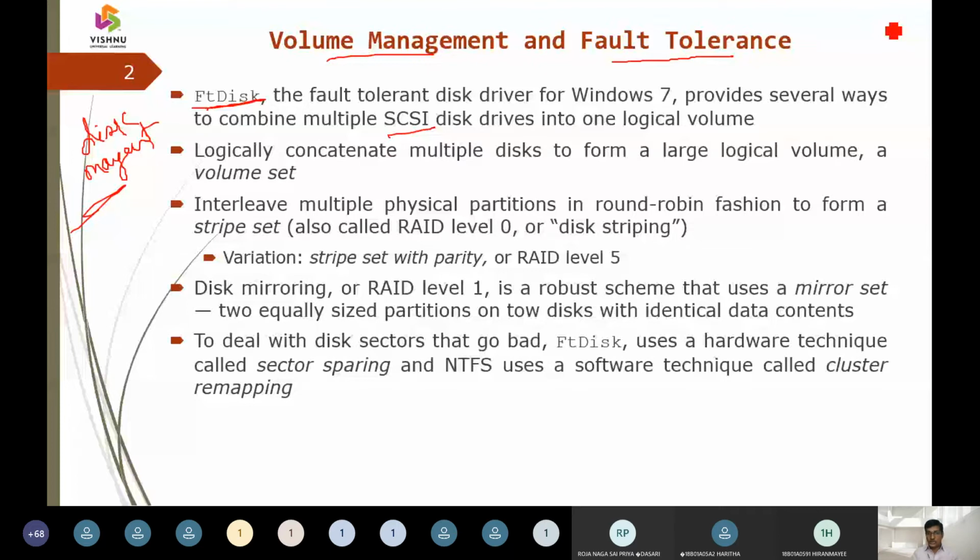To meet this challenge, logically we have multiple disks in the form of large volumes, and these large volumes need to be protected. For that they use a redundant array of independent disks.